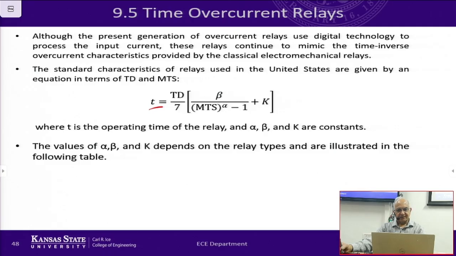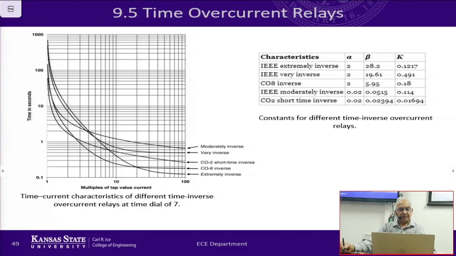K is a constant. Alpha, beta are also constants. And we can actually use these constants, different values of alpha, beta, and K, and emulate different characteristics. As an example here, we have the graph given here.